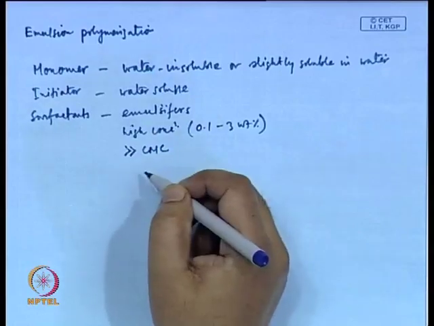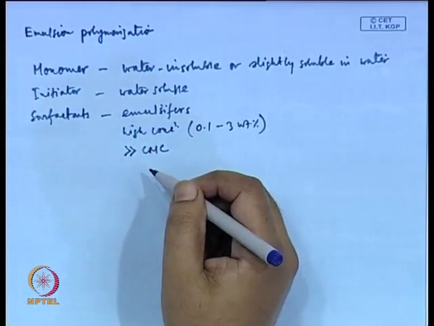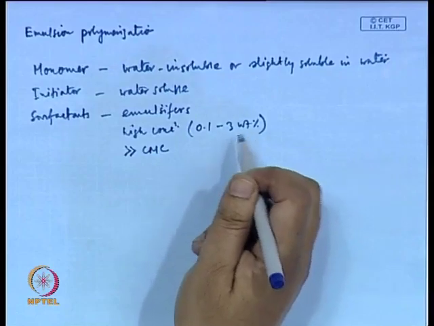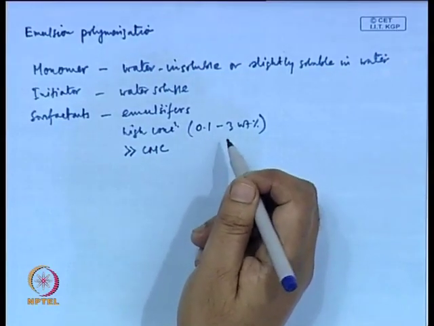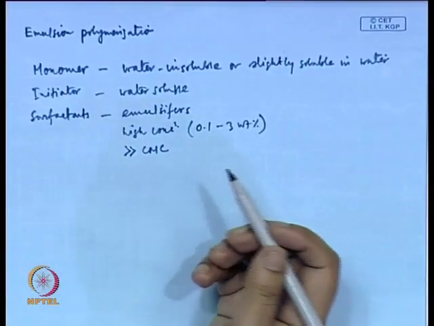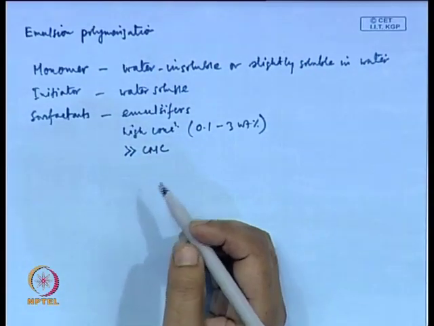So, most of the surfactant molecules are present in this water medium as micelles, as you can appreciate because the surfactant concentration is quite high and the CMC of the surfactants is quite low. Micelles, if you are not aware, are aggregations of surfactants, which have both hydrophobic and hydrophilic components.